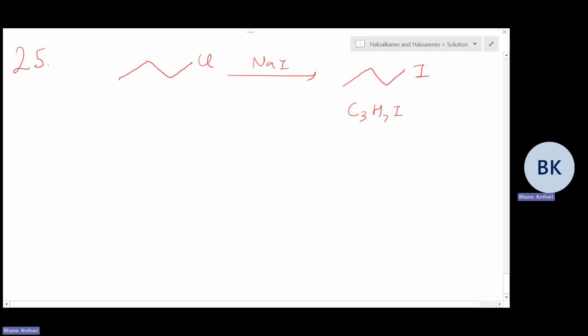What is the molecular weight of this compound? Molecular weight of this compound will be 170. So it will be 3 times 12 plus 7 times 1 plus 127. It will be 134 plus 36. It will be 170.